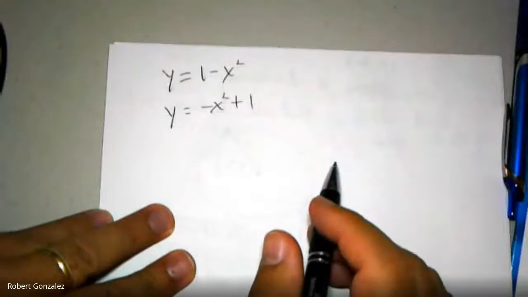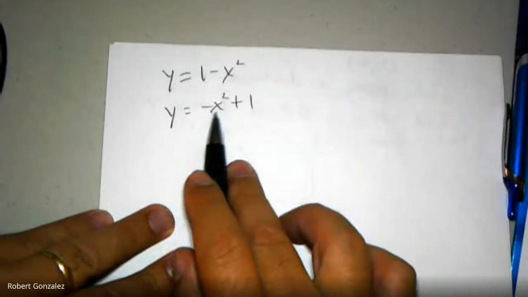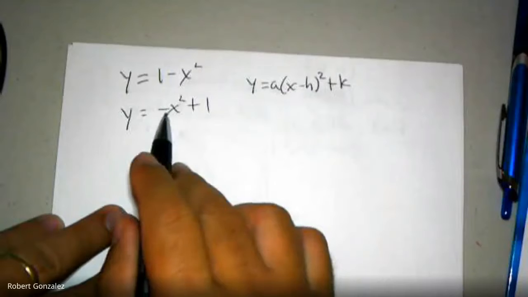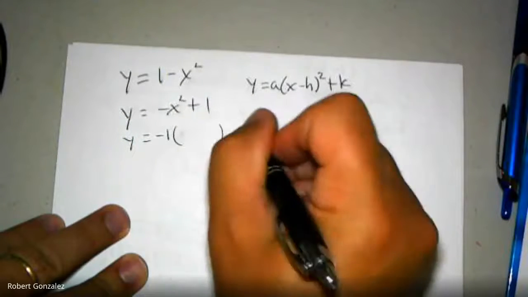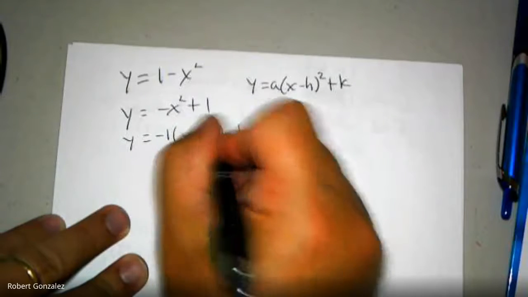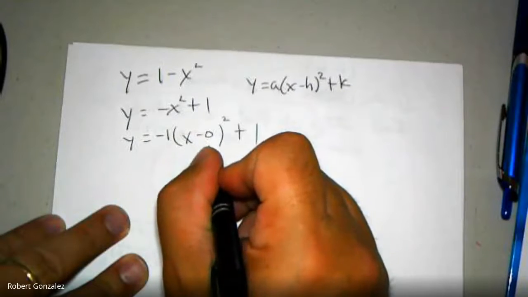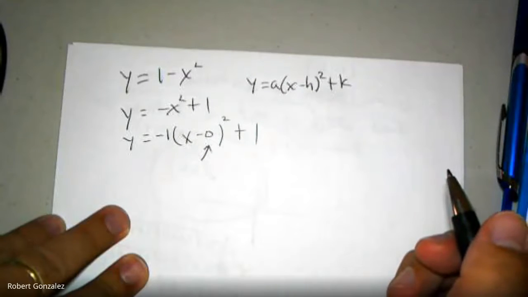And I kind of want it to look more like the real vertex form, which is this. So I know that I have a negative 1 in front of this x squared thing. And if there's nothing next to x squared, it's x minus 0. I can see my axis of symmetry now right here is 0.